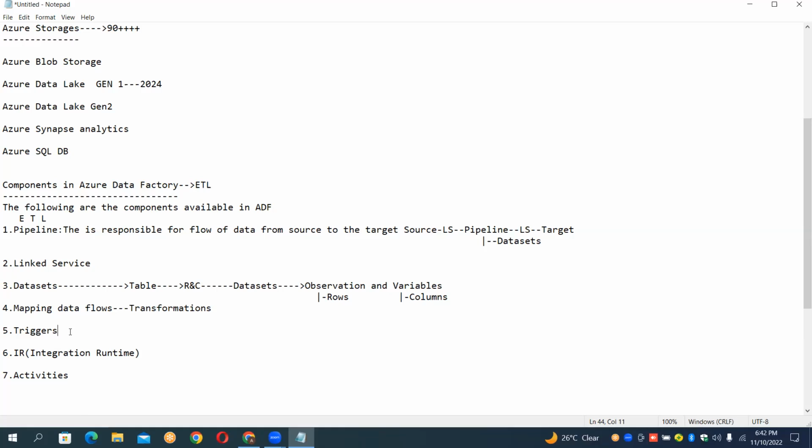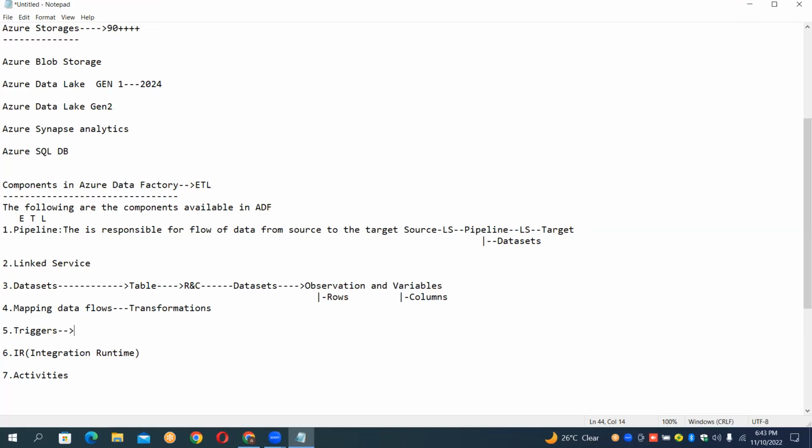Triggers are those which automatically start or kickstart a pipeline on a given date, given time, or a given event. Getting my point? Hence we call triggers the concept of kickstarting the pipeline automatically.